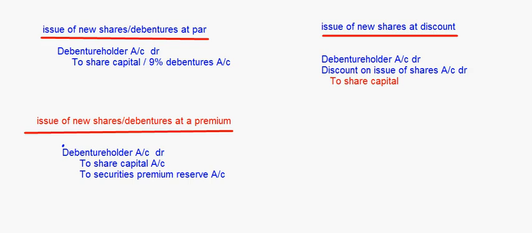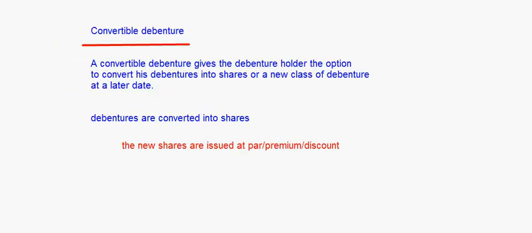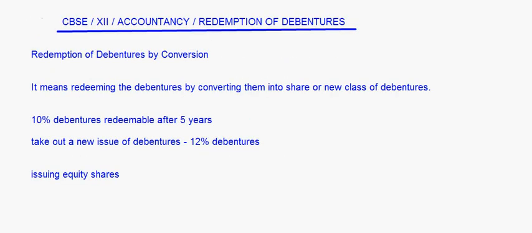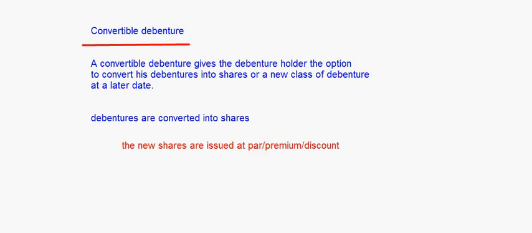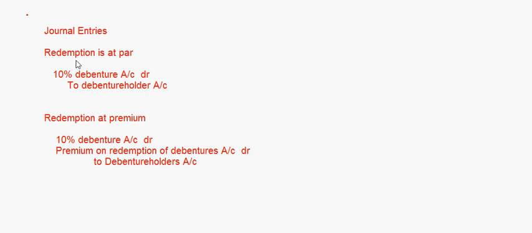So in today's session we have seen this redemption of debentures by conversion, and we have understood what is redemption of debentures by conversion, what are convertible debentures. And we have seen the journal entries.